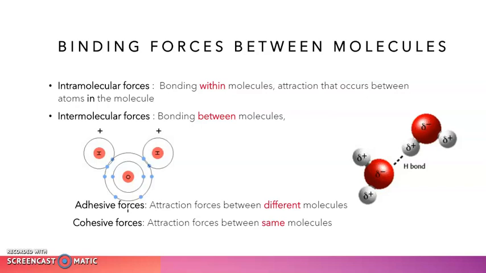To represent intramolecular, here you can see a water molecule where two hydrogen atoms are bonding with one oxygen atom. So this is intramolecular. And here you can see two water molecules interacting with each other, but that is intermolecular bonding.